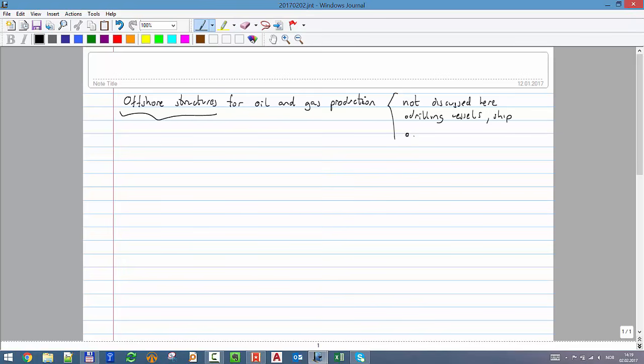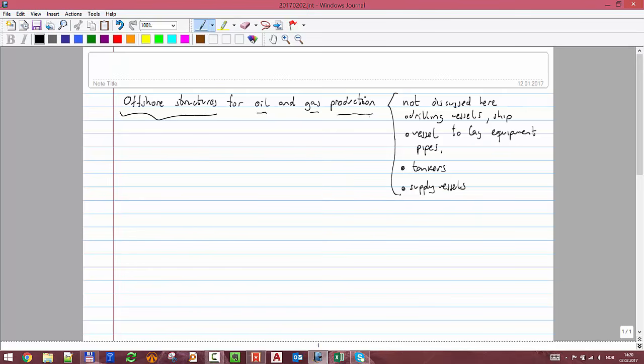We are not going to discuss vessels to lay equipment or pipes. We are not going to discuss tankers. We are not going to discuss supply vessels. We are going to focus mainly on structures for oil and gas production.